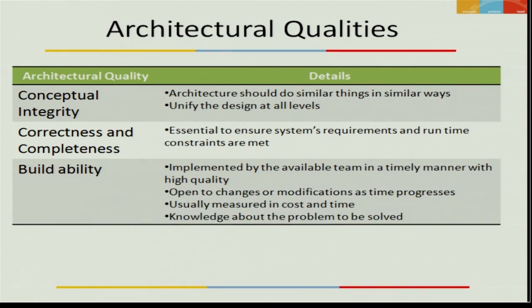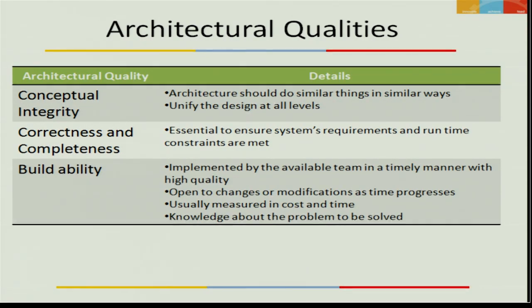Correctness and completeness is an important architectural quality, so that the architect has to ensure that the system's requirements are met. That's what is called completeness. And runtime constraints are also met. That's also completeness as well as correctness. Buildability is about how the system can be implemented so that it can be built in a timely manner with high quality.